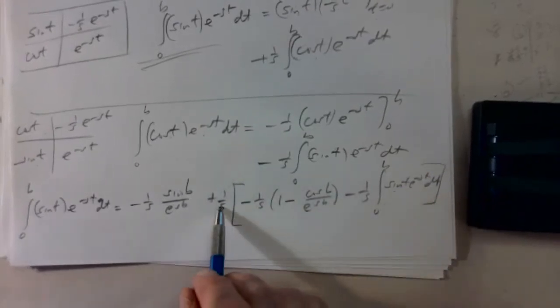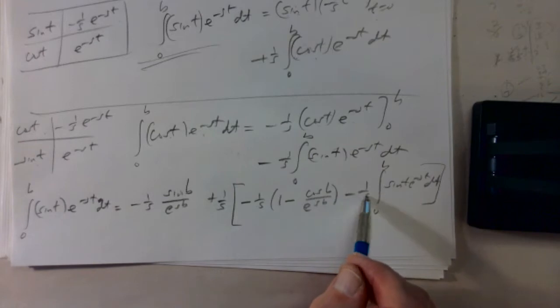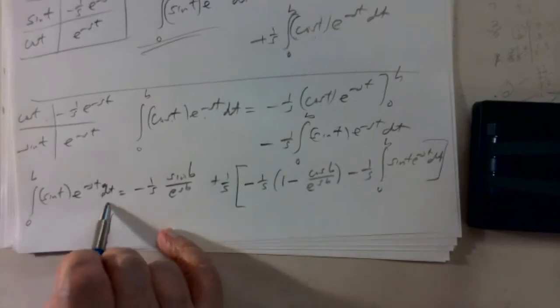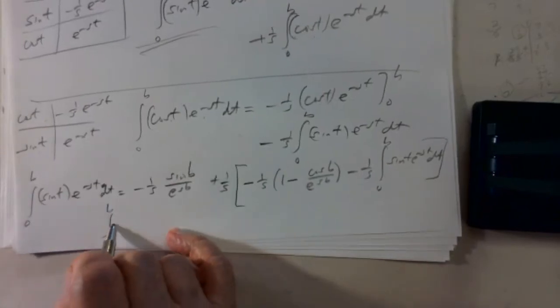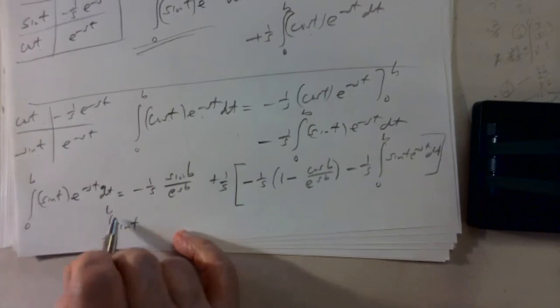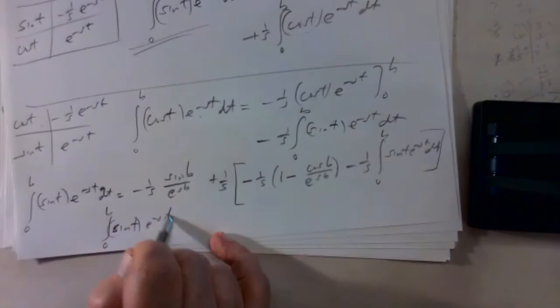If this is 1 over s times 1 over s, it's 1 over s squared. If I bring this over to the other side, I get this integral from 0 to b of sine t e to the minus st dt.